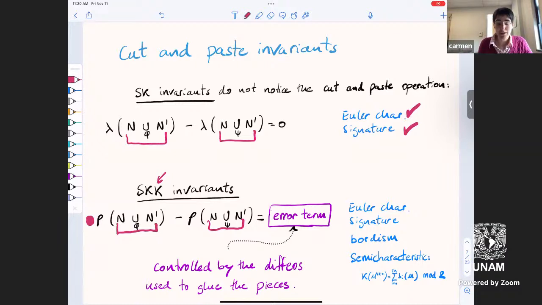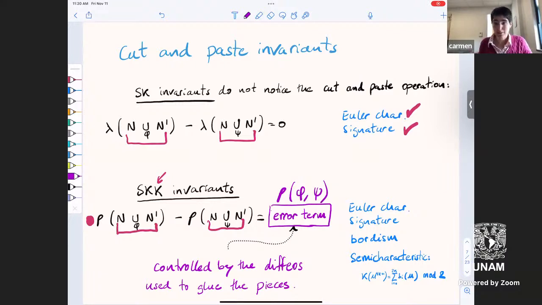And that error term, very importantly, is controlled. That's where the second K comes from, that kontrollierbar. It's controlled, or it only depends on the diffeomorphisms that you've used to glue your pieces. So we can express this error term as something that only depends on my phi and on my psi in that case.